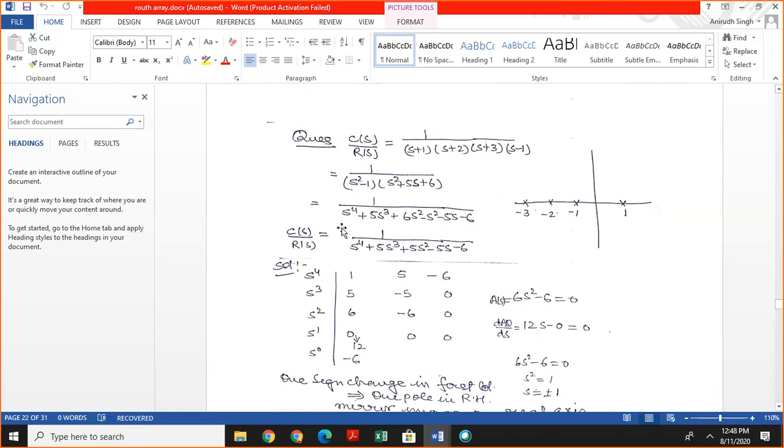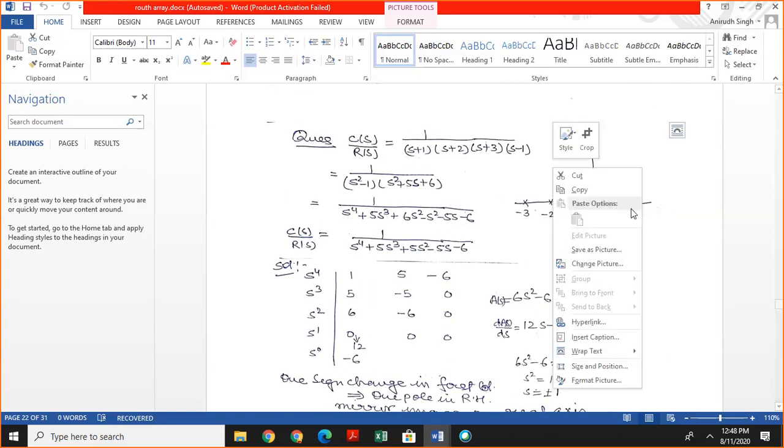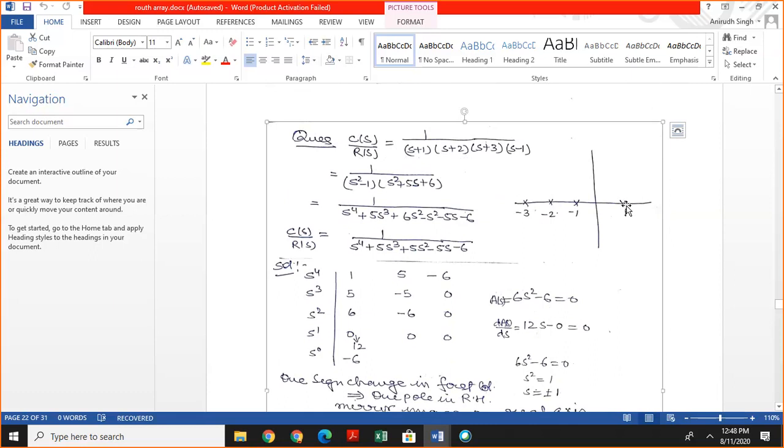In this question, C(s) by R(s), the transfer function, is given by (s plus 1)(s plus 2)(s plus 3) and (s minus 1). So the poles are at minus 1, minus 2 and minus 3, and one pole is at plus 1.